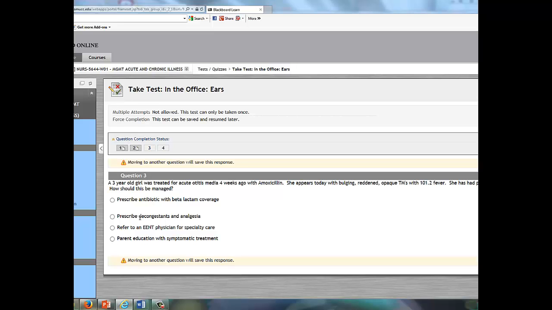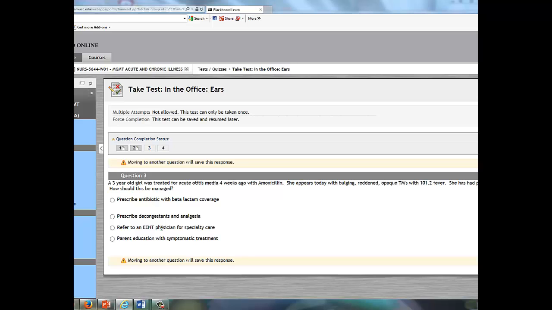That's why people get it, because that eustachian tube gets clogged up, and then they can't drain. Their middle ear can't drain, and that fluid gets stasis, and then it's a good environment to grow bacteria. So analgesia, decongestants, I'm not sure that's evidence-based, so I don't know about that answer. Refer to an EENT physician for specialty care.